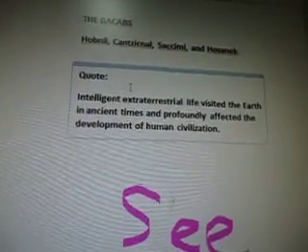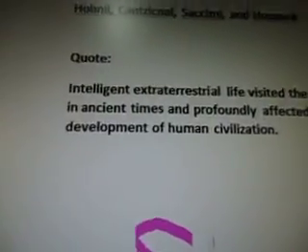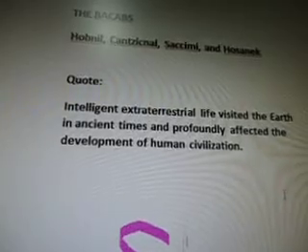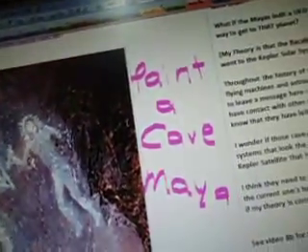And another quote: intelligent extraterrestrial life visited the Earth in ancient times and profoundly affected the development of human civilization. This quote is from this. Check this out. This is a cave painting. It's called Paint a Cave Maya. I called it that. But this is a cave painting that the Mayas did.